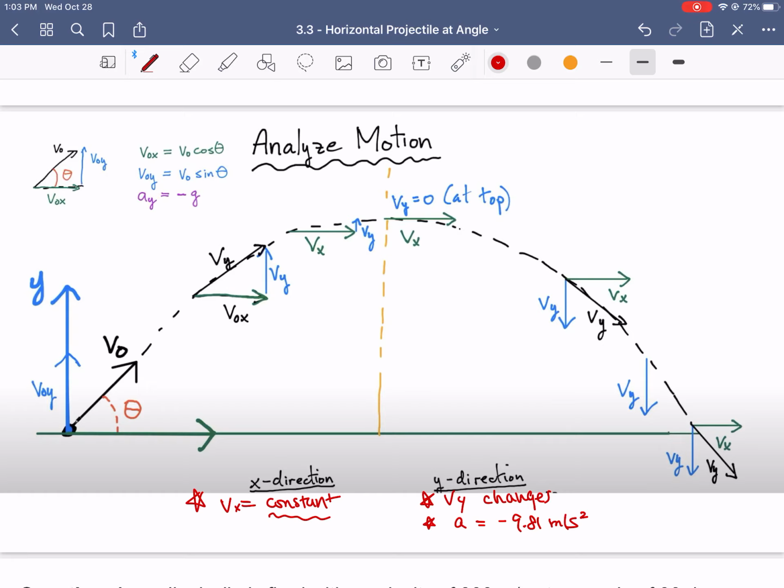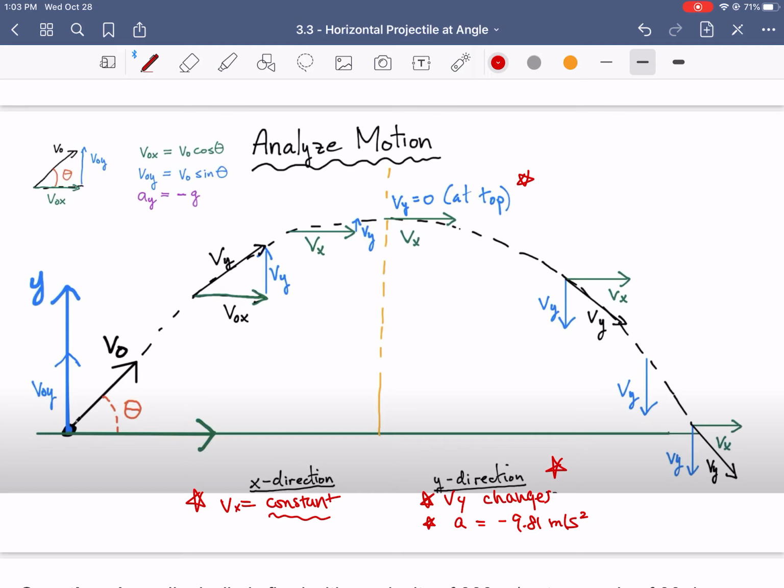If you look at the velocity at each of these points in the parabola, for the vertical component, which is the y direction, it's going to change constantly as it travels towards the top. At the top, it's at rest for an instant, so that velocity is 0 meters per second.